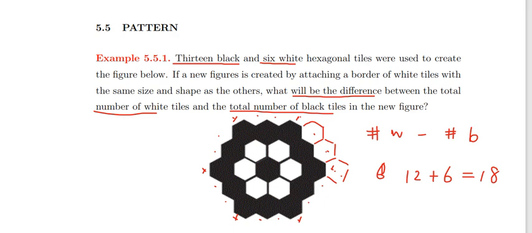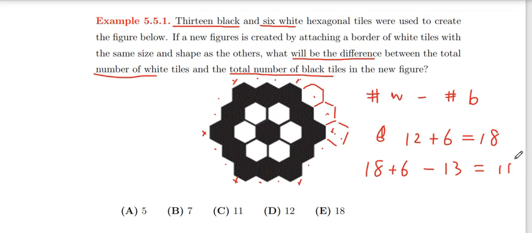So totally, how many white hexagonal tiles? We have 18 plus 6, and then minus black 13, right? So we have a difference of 11. Yeah, 11.